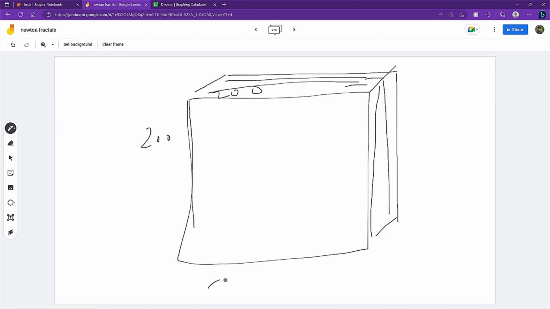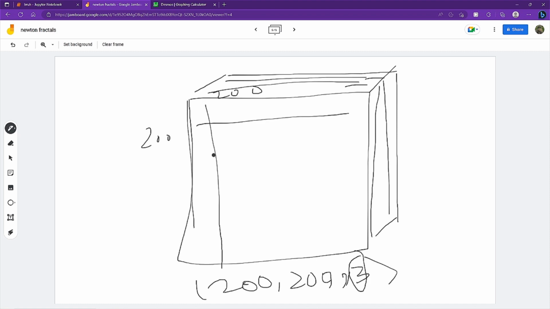So we're going to have a 200 by 200 by 3 array that's going to represent pixels, and each pixel is going to represent obviously 3 values: red, green, and blue. And while we're doing this, we're going to color each and every single one of these pixels based on the specific root this point converged to.